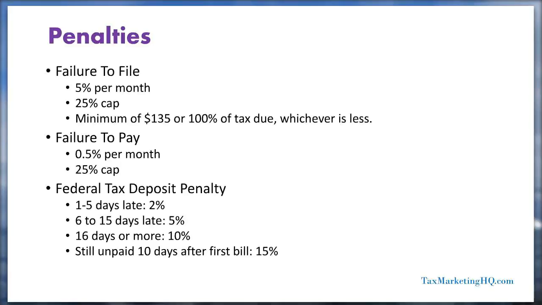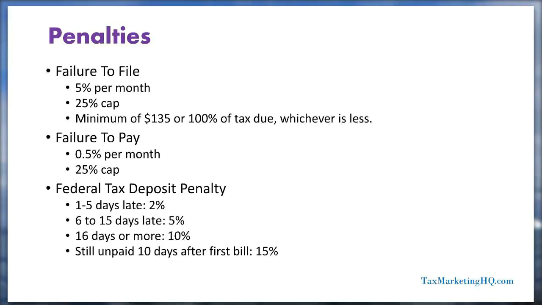The other thing that's very specific to employment tax situations is the federal tax deposit penalty. And the FTD penalty is interesting because it scales very rapidly, okay? And it is also the only penalty that we have that really gives us a look inside why employment taxes are such a big issue to the IRS, okay?